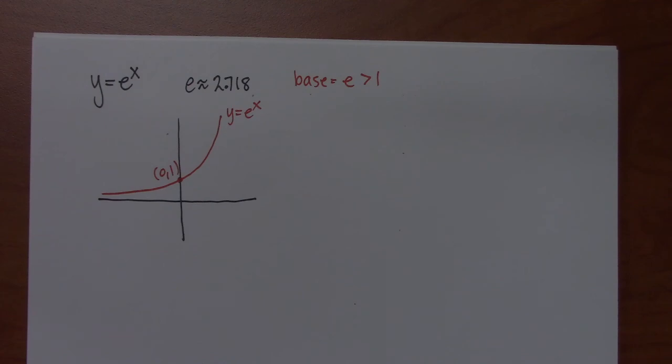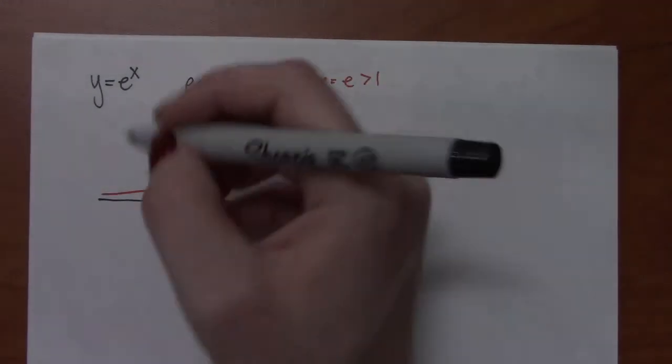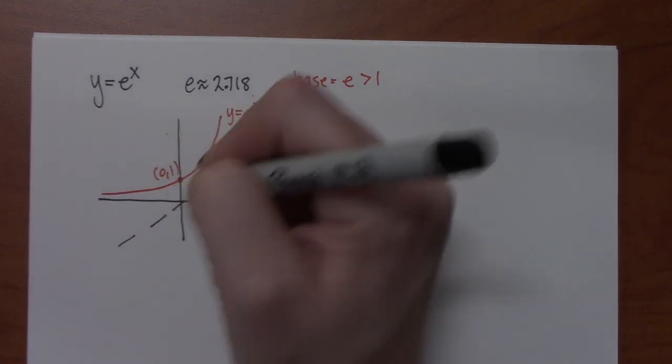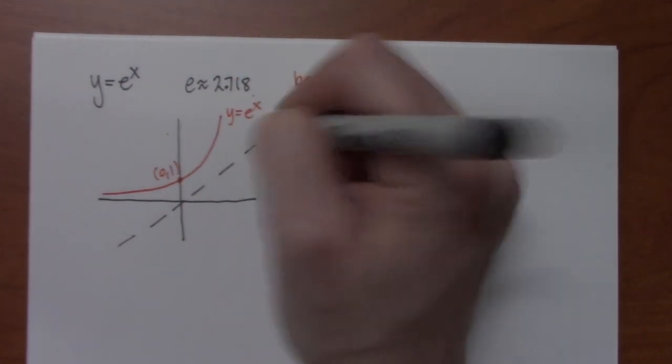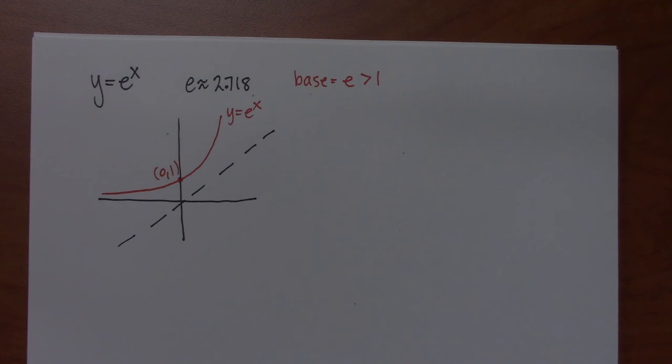E to the x is a one-to-one function, so it's invertible, just like all a to the x's when they're growing are going to be invertible. And we said that if we want to graph an inverse, which we did back at the beginning of the unit, the inverse is just reflected over the line y equals x, and it's switching its x and y values.